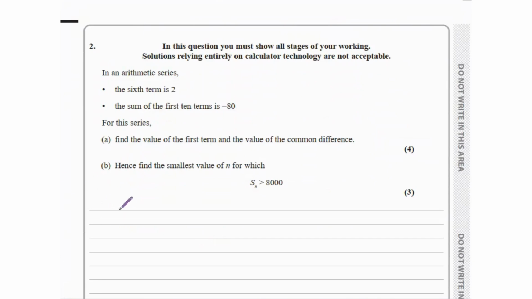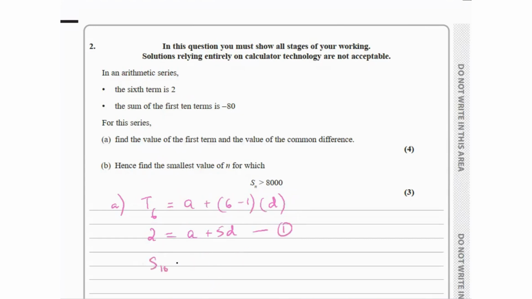So we're going to create 2 equations. One equation is going to be for the 6th term. So T6 is going to be a plus 6 minus 1 times d. So 2, which is the 6th term, equals a plus 5d. That is the first equation.